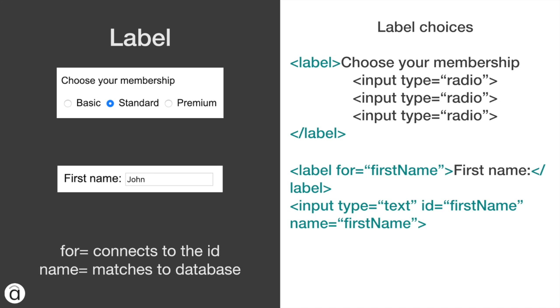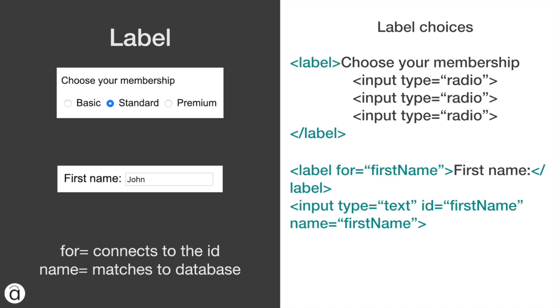Okay. Now, there's a couple of concepts here that we haven't come across before. The label needs a for equals inverted commas, and the input type needs an ID, or an identifier. And you can see in the bottom instance here, we've got an ID of first name.